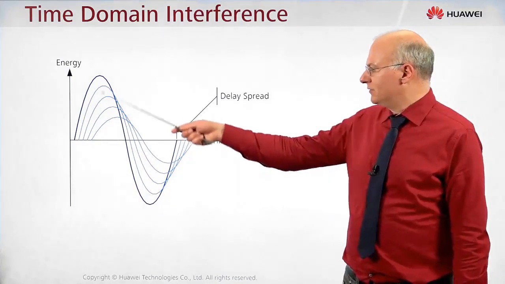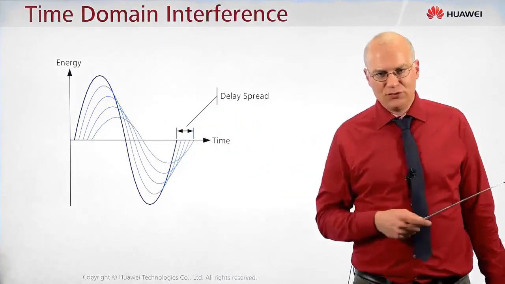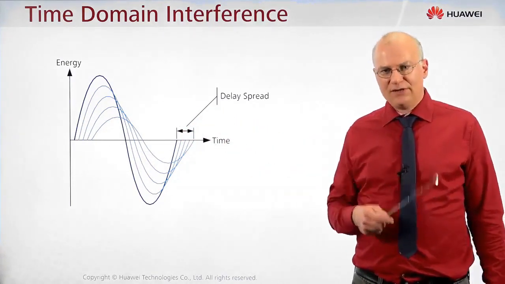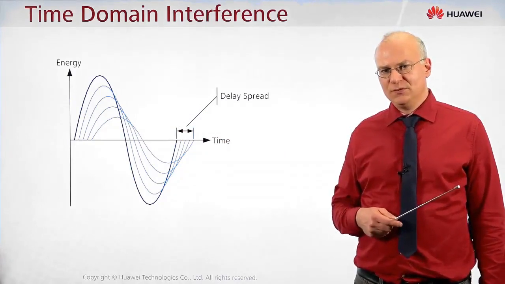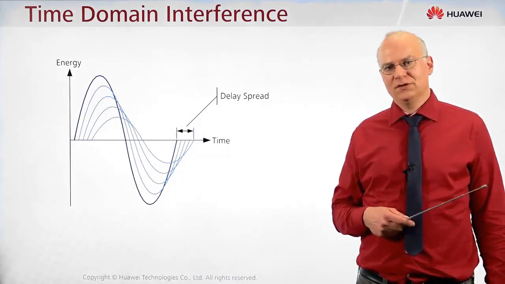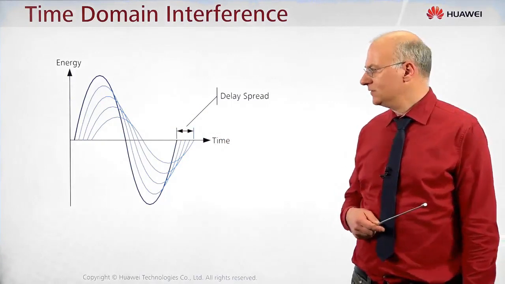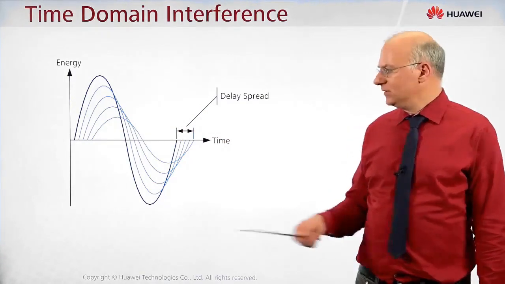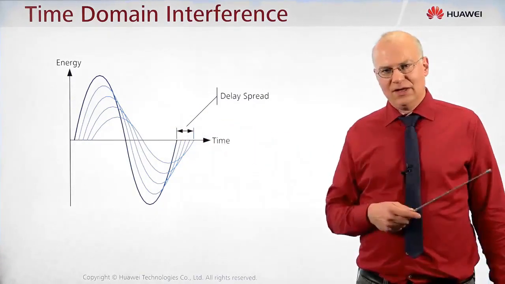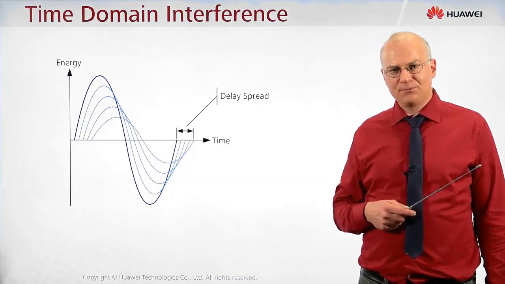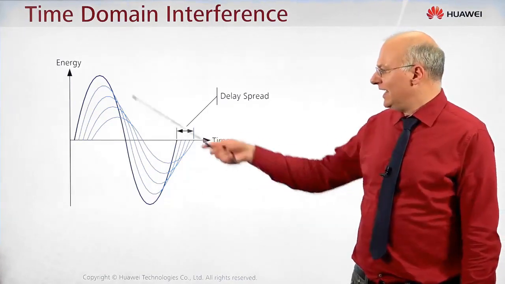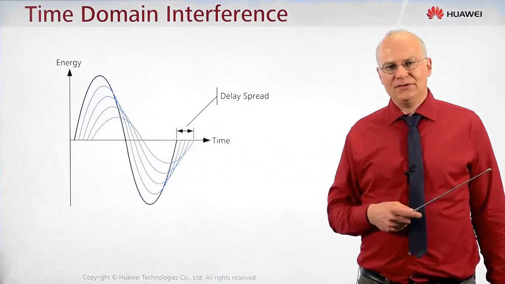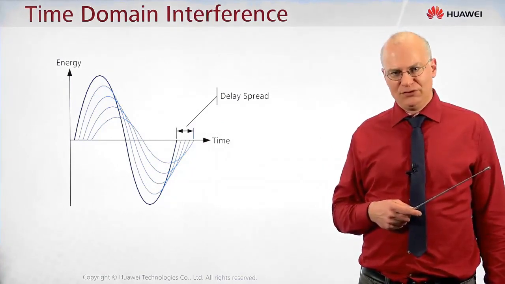For example, the signal with a high amplitude takes the direct transmission path from the source to the target, and the other signals are reflected signals which arrive later and with a lower amplitude.